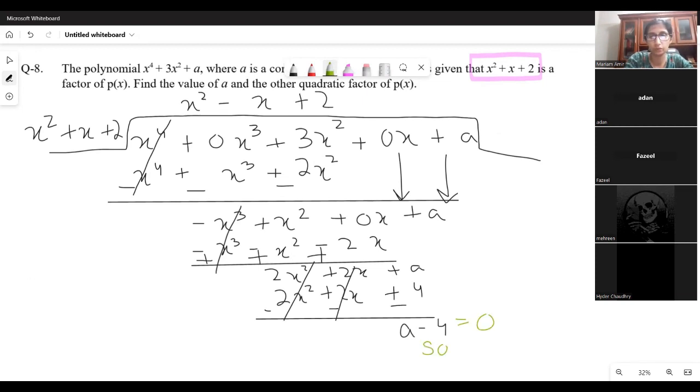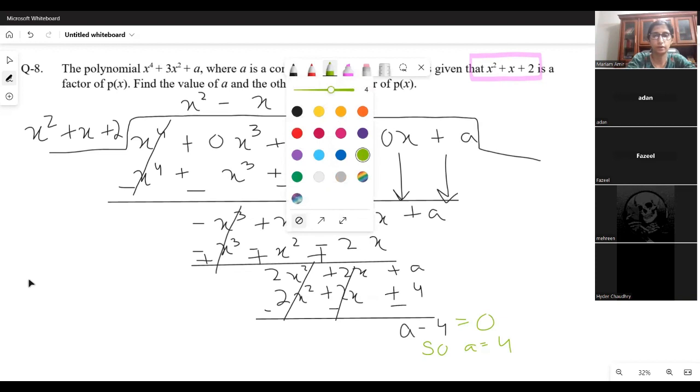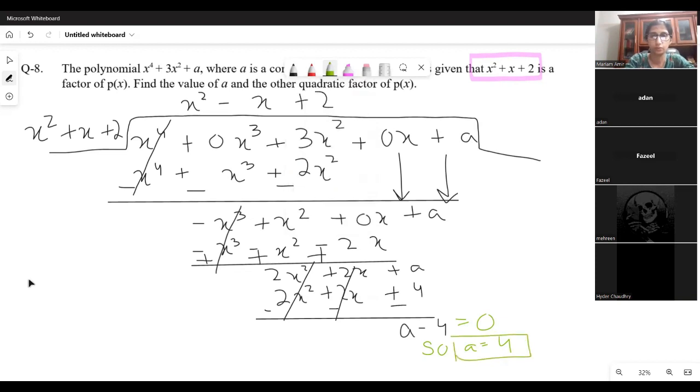So a equals 4. Okay. Find the value of a and the other quadratic factor of px. We also have the other quadratic factor, which is the quotient x squared minus x plus 2.